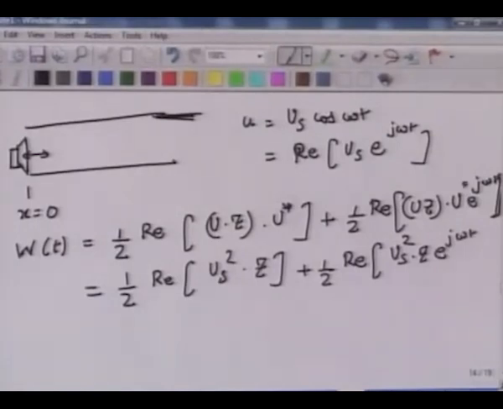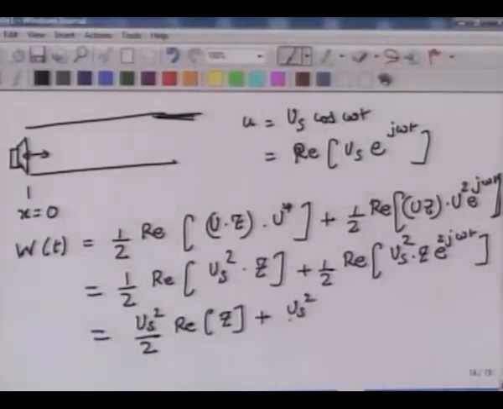I missed a 2 here, again 2 here. So again I have US square over 2 times the real component of Z plus US square over 2 times the real component of Z e^(2 j omega t).